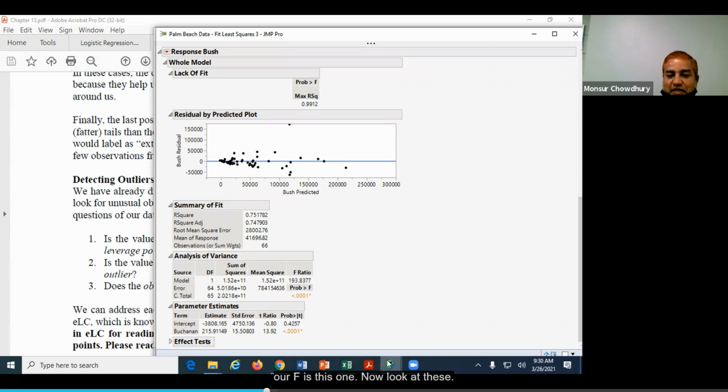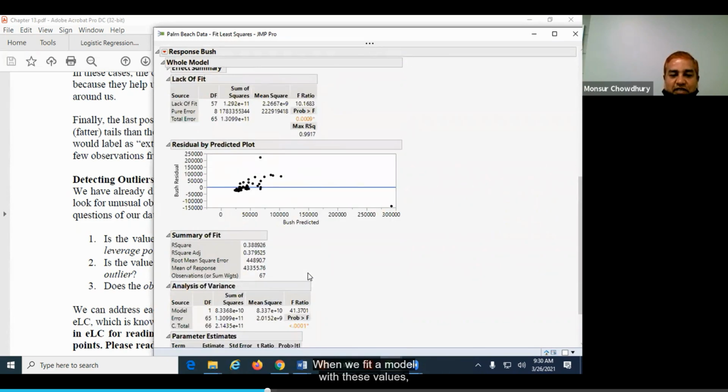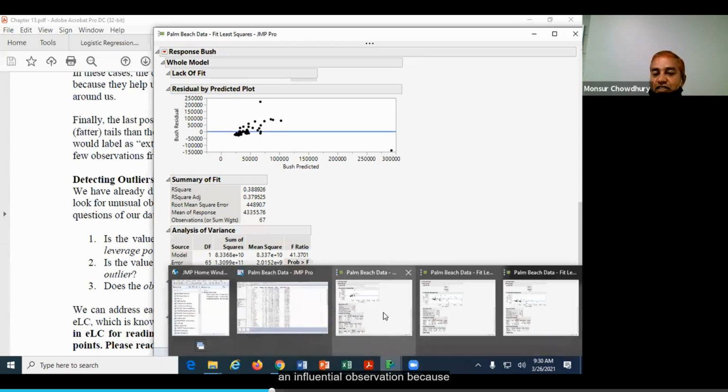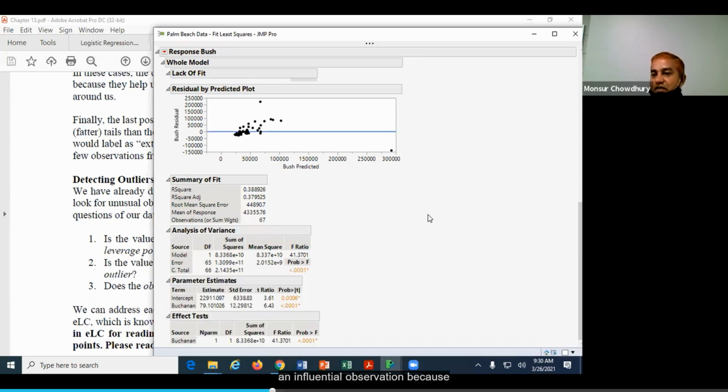Now look at this: when we fit the model with these values, our slope was only 79. Is that clear? It changes a lot. So this implies that this is an influential observation, because it affects the slope.